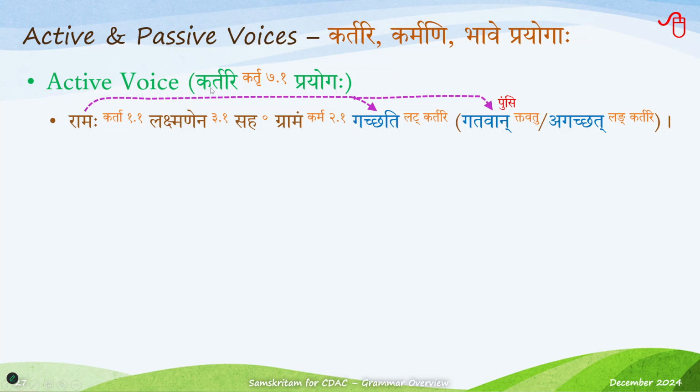So active voice, Kartari Prayoga. Ramah Lakshmanena Saha Gramam Gacchati. Rama with Lakshmana. This is Upapada Tritiya. Lakshmanena Saha Gramam, Karma, Gacchati. Gacchati, who goes, is the active voice sense. This is called Lat Kartari form of Gacchati. Rama goes.